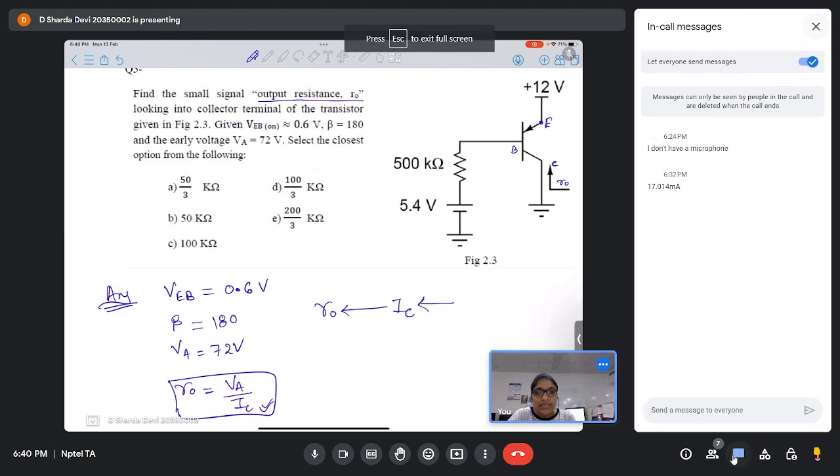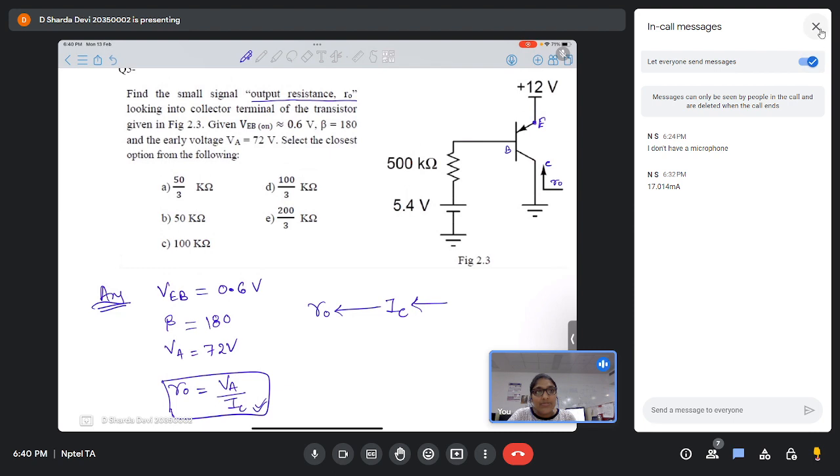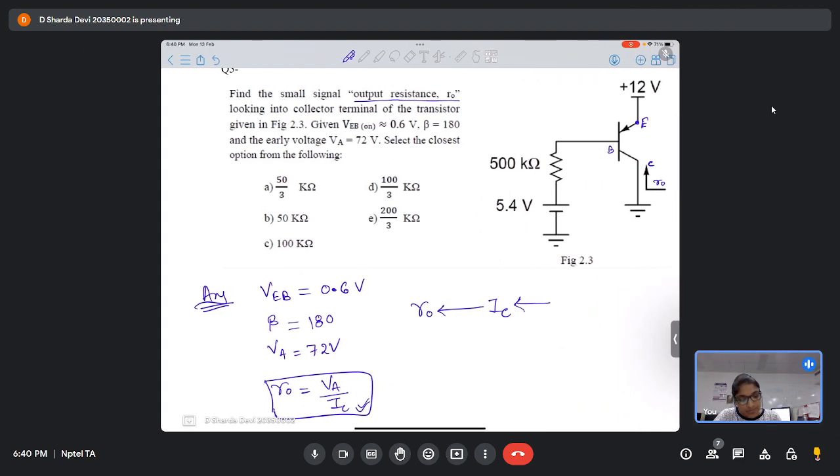See, beta is given, right? Whenever beta is given, we know beta times IB will be IC. So if we can find IB, we can definitely find IC. Makes sense? So let's first start by finding IB. IB will be the current coming from here.